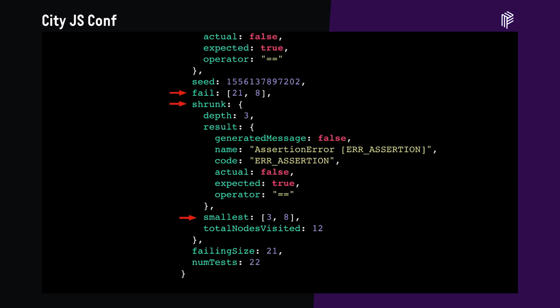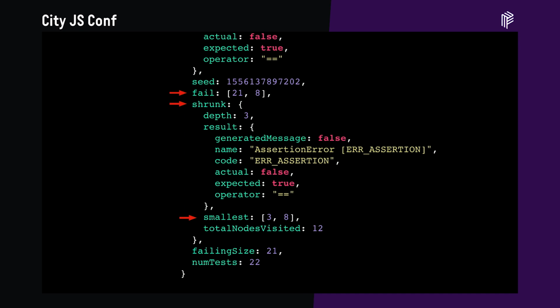Now, these property-based testing libraries come with a rather clever feature called shrinking, which was originally written for the Haskell property-based testing library. And what it does is, so this is the result of the test I showed you earlier. It came up with a random input 21 and 8, and it found that the assertion failed.